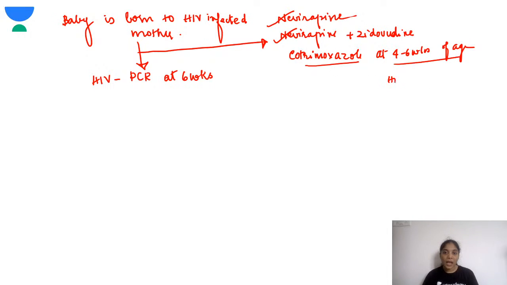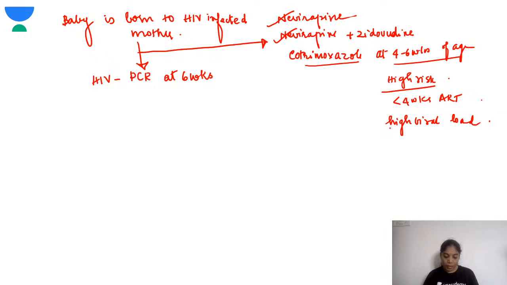Now, who are these high risk children? Those whose mothers have received less than 4 weeks of antiretroviral therapy, and mothers who have a high viral load.